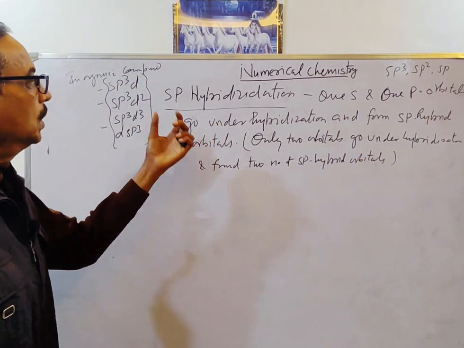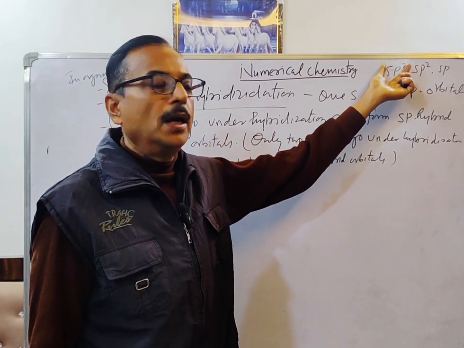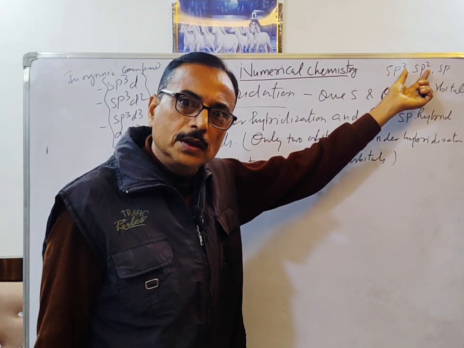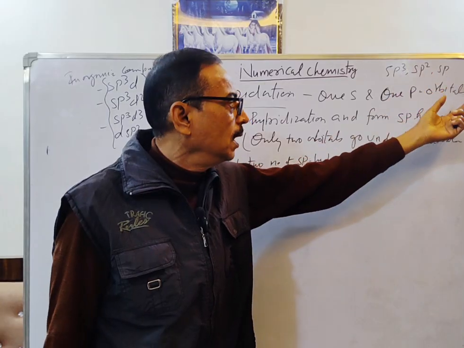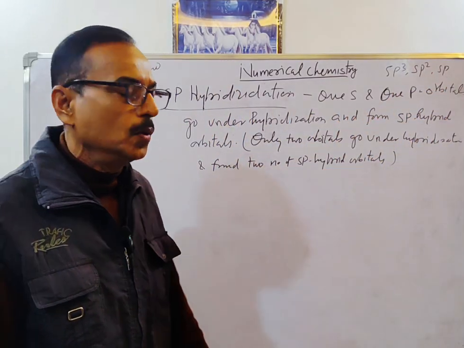So just like in sp3, 1s and 3p go under hybridization, in sp2, 1s and 2p go under hybridization, similarly in sp hybridization, 1s and 1p.